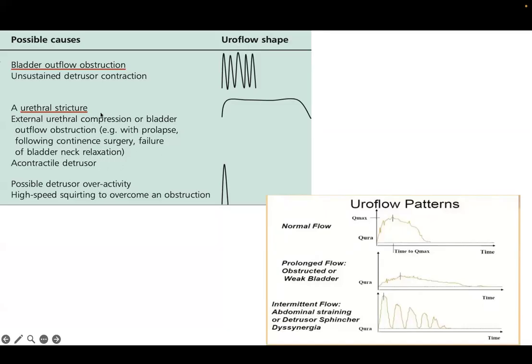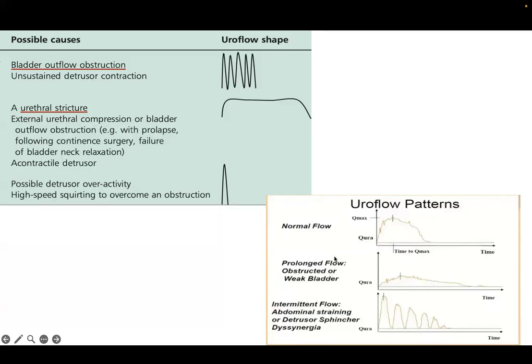You have to memorize it if you want to understand or interpret the uroflow. You have to memorize how the normal uroflowmetry curve looks, and what is indicated in case of reduced, prolonged Qmax. So reduced and prolonged Qmax indicates obstruction or weak bladder.